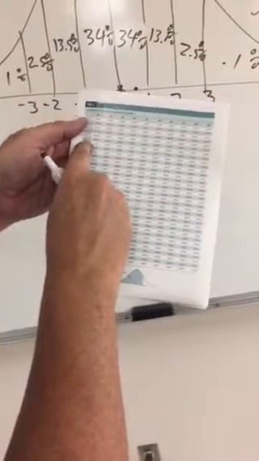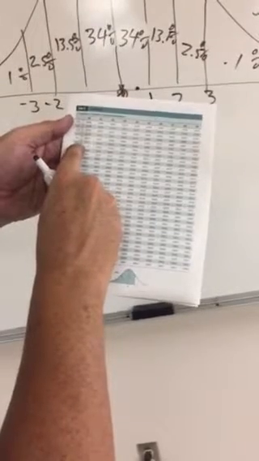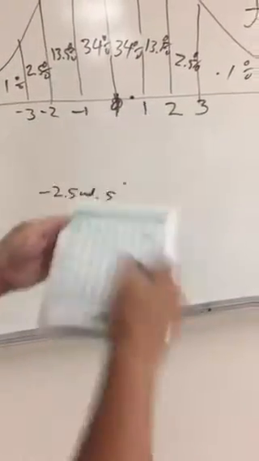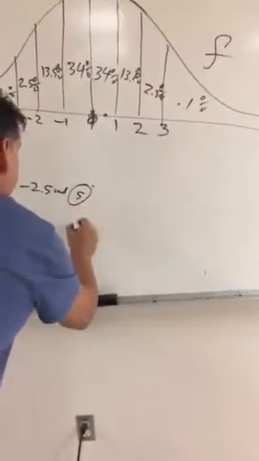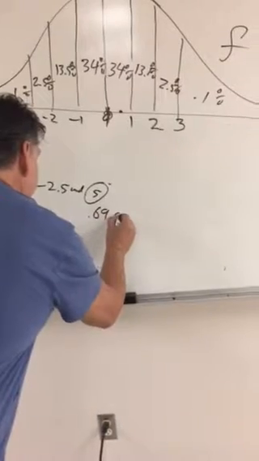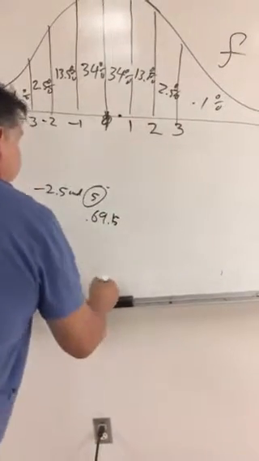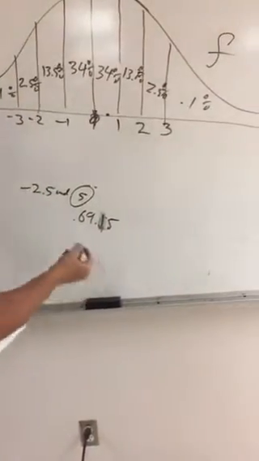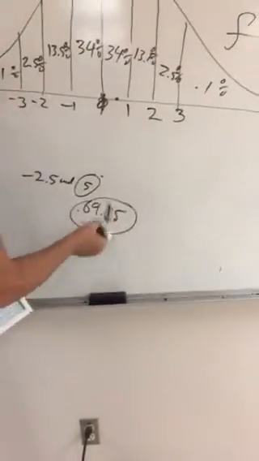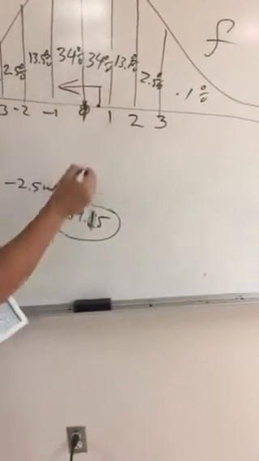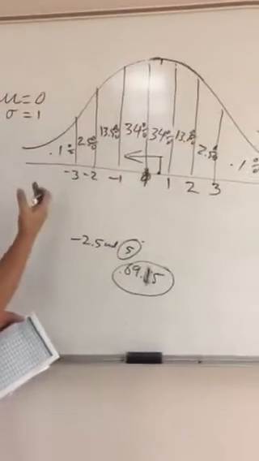So 0.5 is going to have an area left of that Z value of 0.6915. So this one is going to be 69.15%. That is the total area left of that Z value.